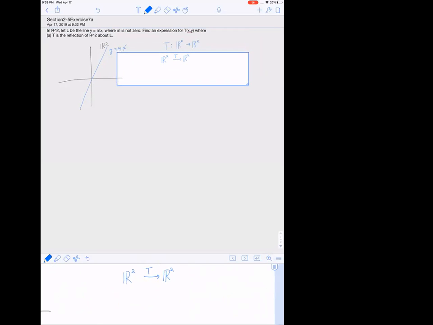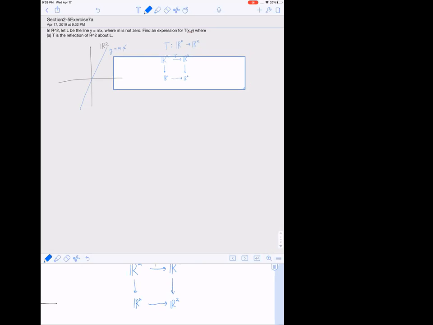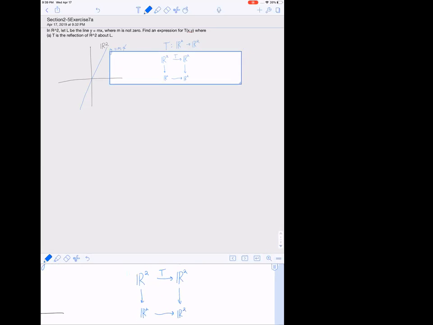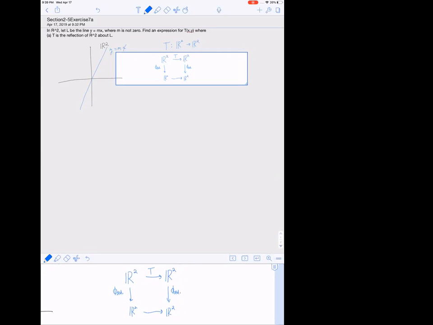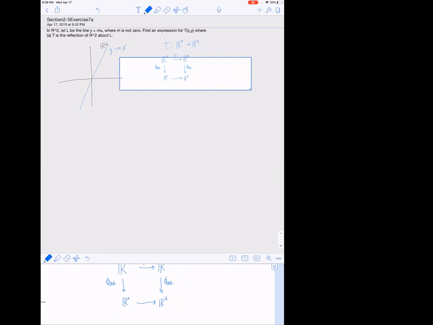So that would be basically the same as looking at this diagram where we take R2 to R2 by T, but also you can represent R2 using the standard basis. So I'll say phi sub standard, and here phi sub standard. Well, that again just takes R2 down to R2 and R2 to R2, and then this matrix would be T with respect to the standard ordered basis for R2.